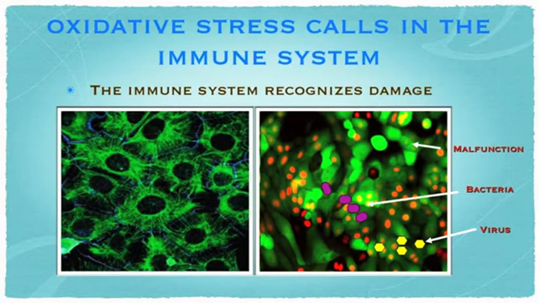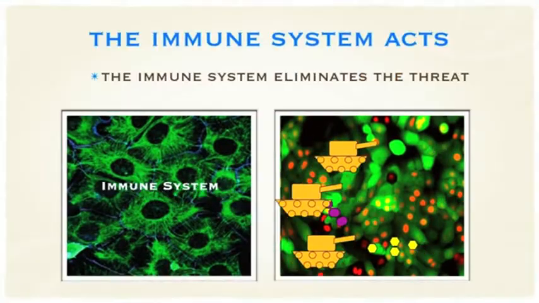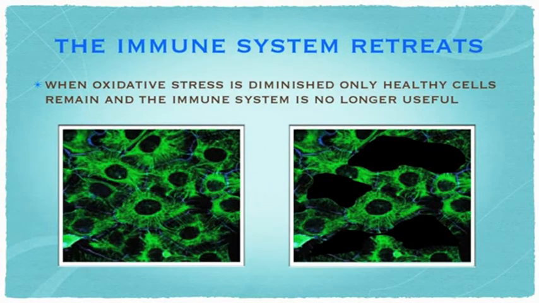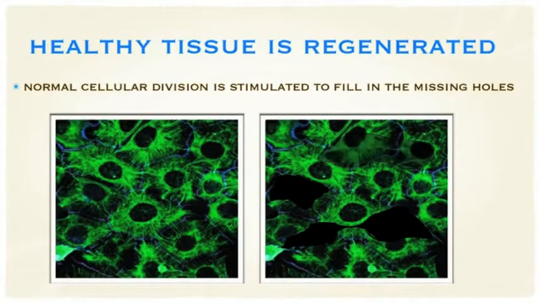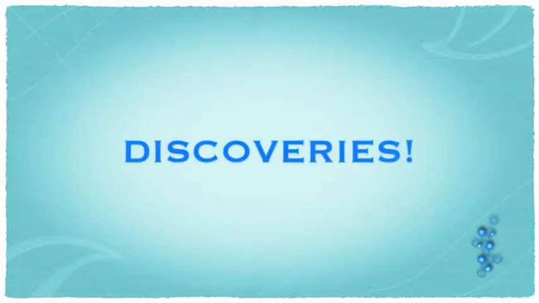And so here are those red flags, and in this situation, the immune system comes in, deploys its weapons to take care of the malfunction of the virus or germ. Then, once the threat is eliminated, there's no longer a need for the presence of the immune system, so it retreats, and then through the process of normal cell division, this replacement process fills in the missing holes, and we restore homeostasis to this tissue.